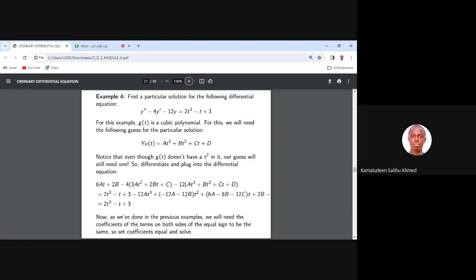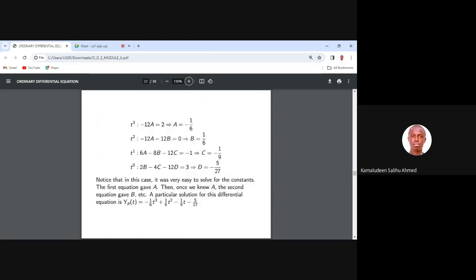After getting them down, what is the next thing? You start equating them, as you know. First of all, you take the highest power, which is the cube, such that you write the coefficient of it, which is what we'll be having next. Look at it here.